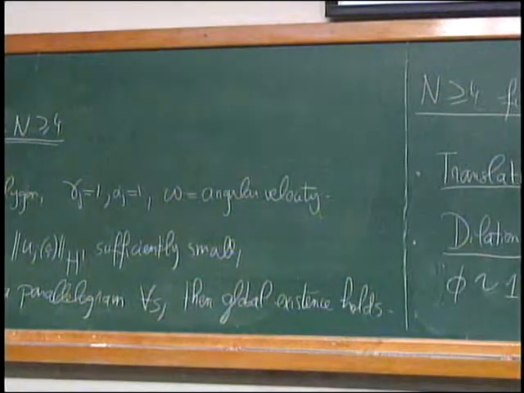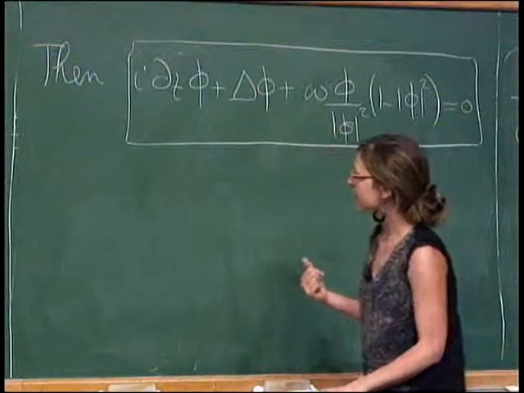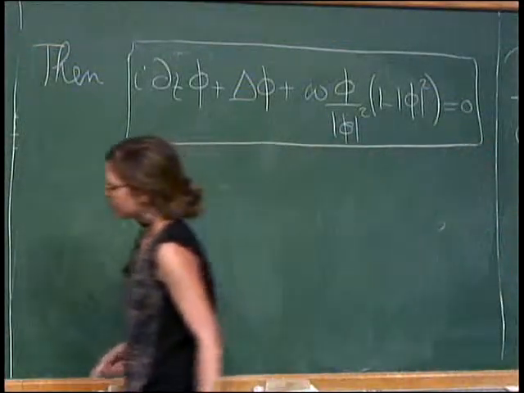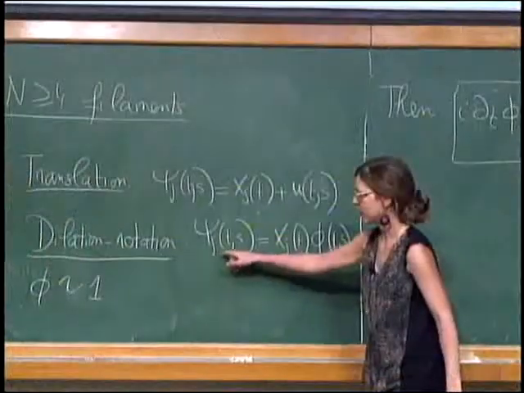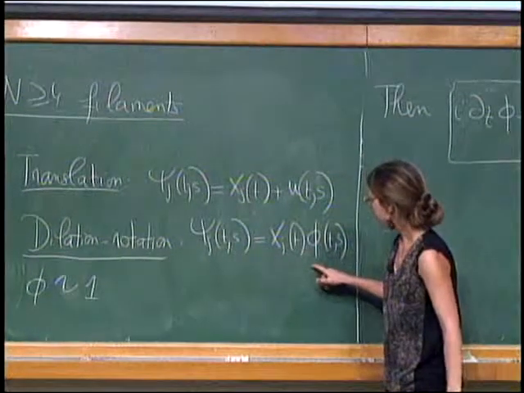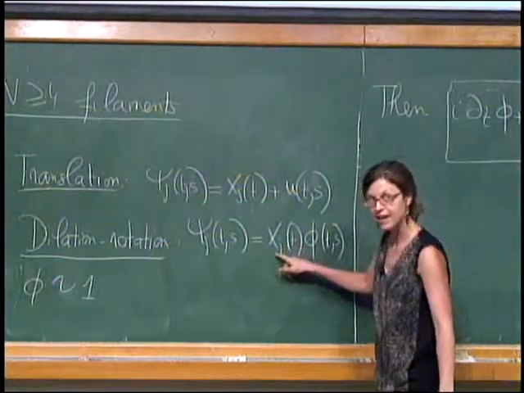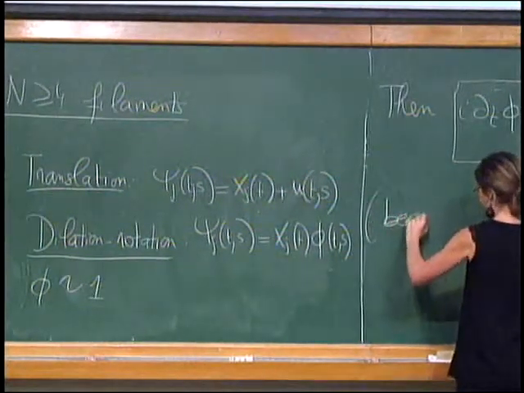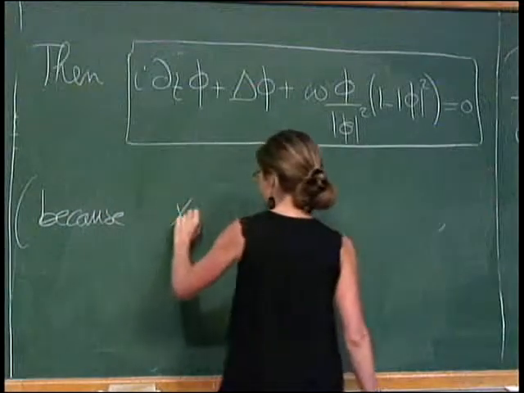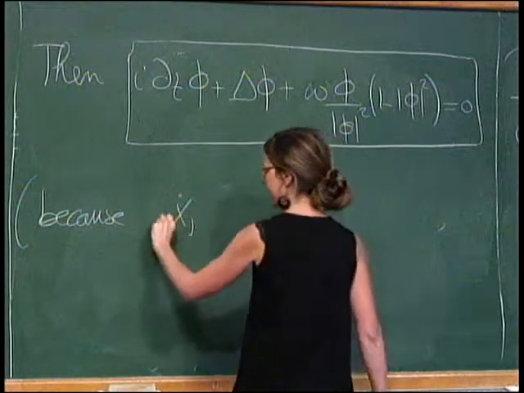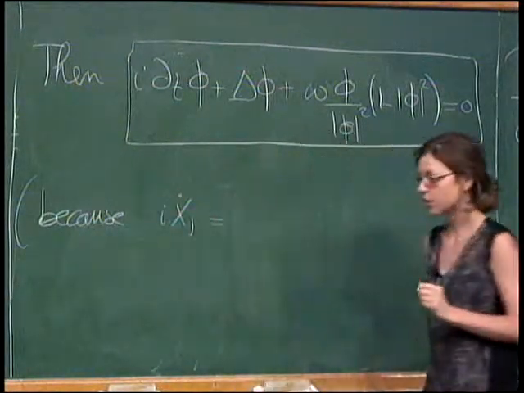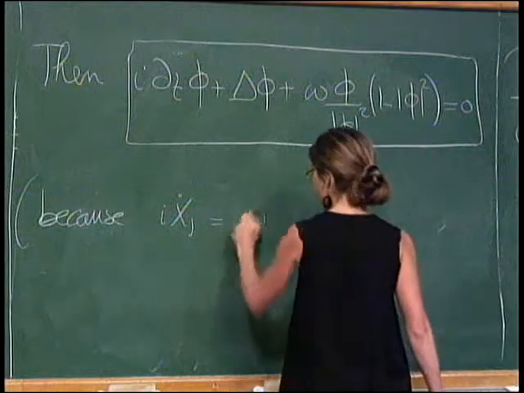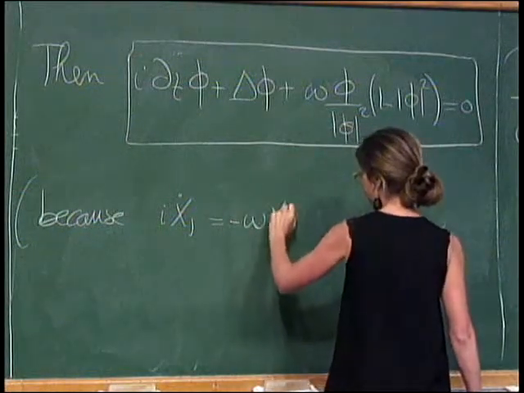Okay, and in fact, this equation for phi comes from the fact that when I take the time derivative of psi j, or the Laplacian of psi j, I realize that for all j, i xj dot is given by minus omega xj for all j.